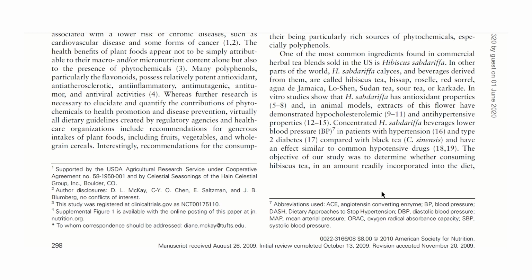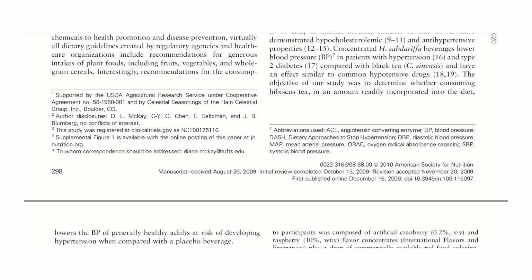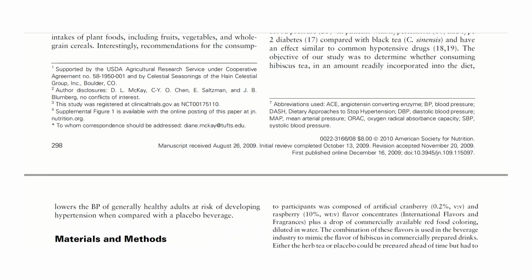And then the hypothesis, although not clearly stated, you can take a stance. You could say that normal concentration of H. sabdariffa lowers blood pressure of prehypertensive and hypertensive patients. It's just a stance or a potential answer to the question, and that is it.